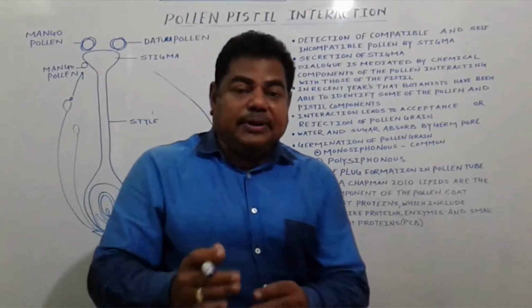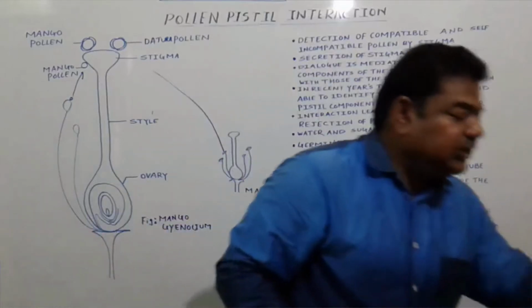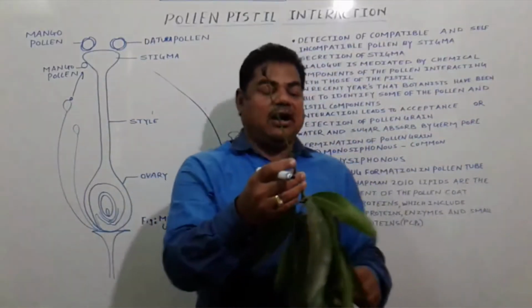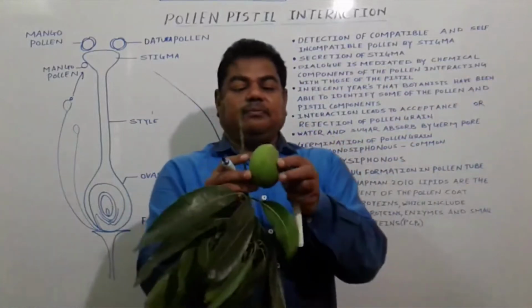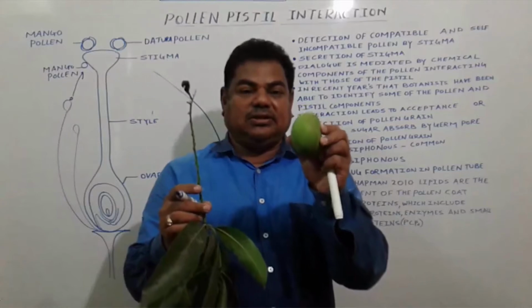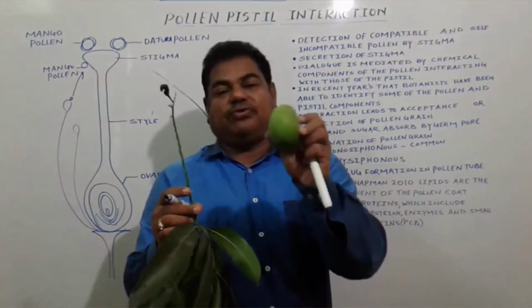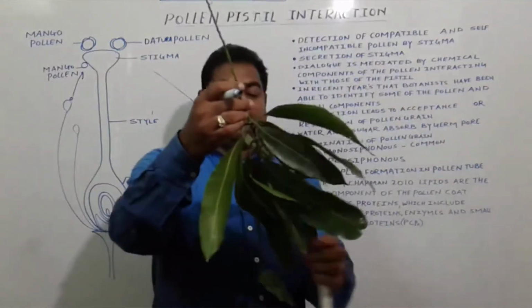Due to inbreeding depression, the production gets affected. See here, in the case of Mangifera indica, this one is the good product of the mango after fertilization. These are good fruits after fertilization. But due to inbreeding depression in the case of a mango, what happened?